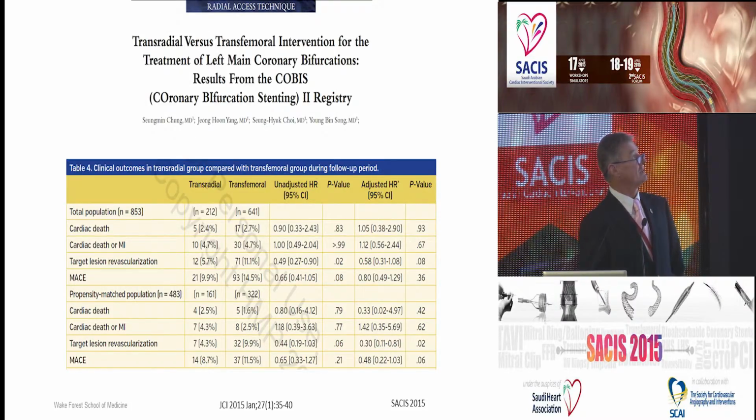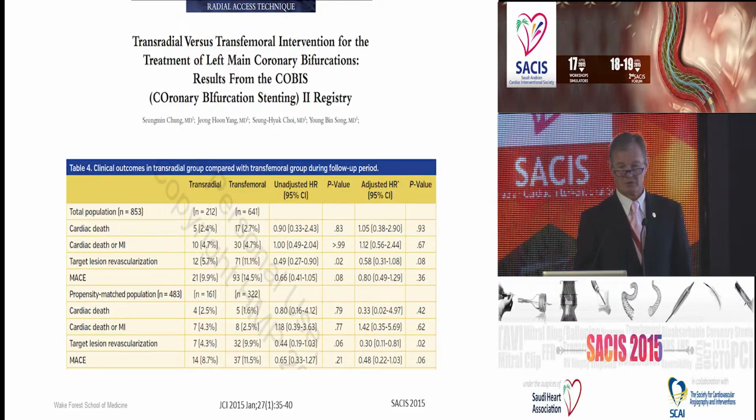If you look at the transradial versus the transfemoral intervention for left main coronary bifurcation, so perhaps you could argue one of the most important subsets of all the bifurcation lesions, we can see here in this Korean study that the transradial approach was associated with a decrease in both TVR as well as MACE rates, which was a somewhat surprising finding given that this was a randomized clinical trial.